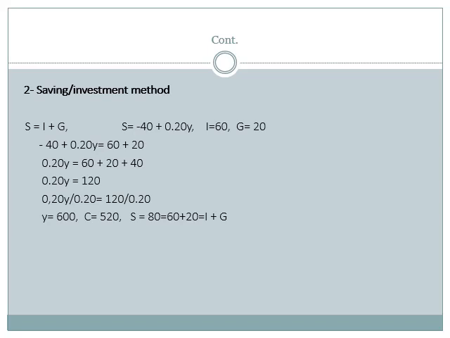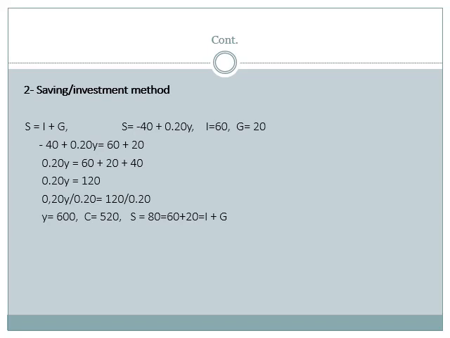Now we are going to accelerate our solution using the saving investment method. The special condition for the three sector model states that S should equal I plus G. S in this case equals negative 40 plus 0.20y, I equals 60, and G equals 20.